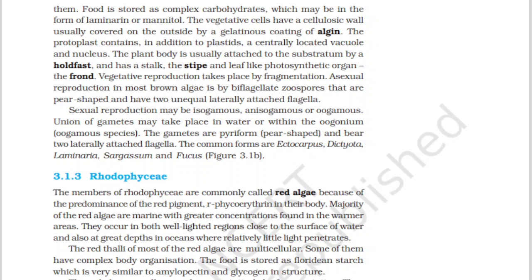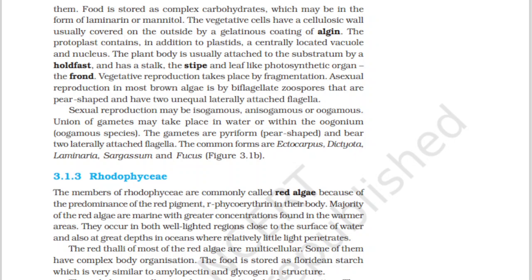Asexual reproduction in most brown algae is by biflagellate zoospores, meaning there are two flagella on the zoospore, that are pear-shaped and have two unequal, laterally attached flagella. Okay, unequal. Remember this. Sexual reproduction may be isogamous, anisogamous, or oogamous.